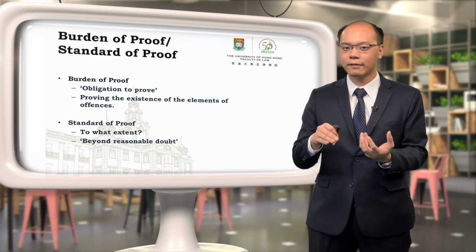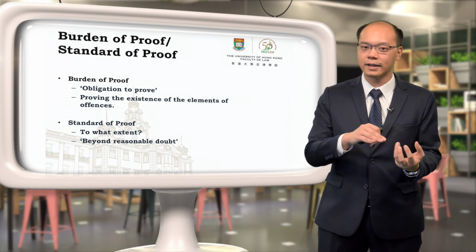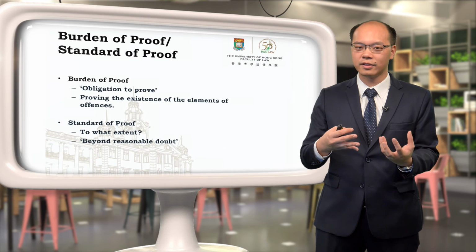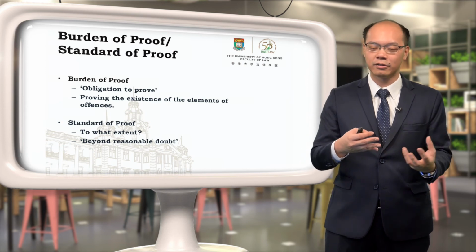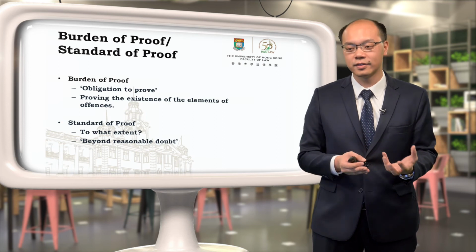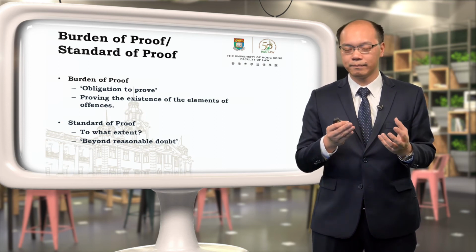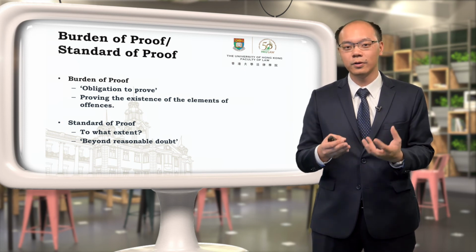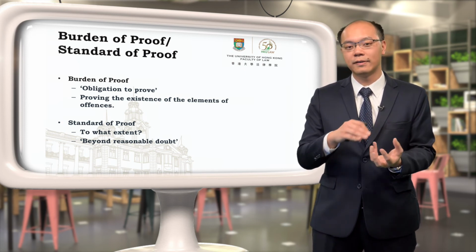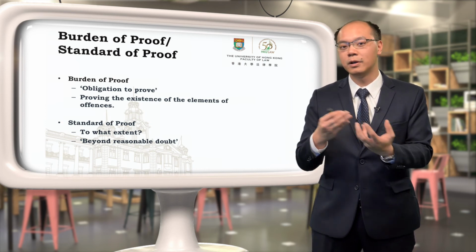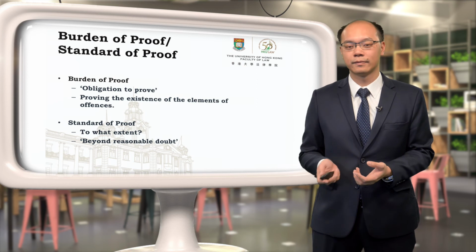So the prosecution will have to satisfy the court, when presenting all these elements of crime by adducing appropriate pieces of evidence, that you can reach a conclusion that there's no reasonable doubt at all, and therefore the defendant ought to be convicted of that particular offense. So this is beyond reasonable doubt, right?